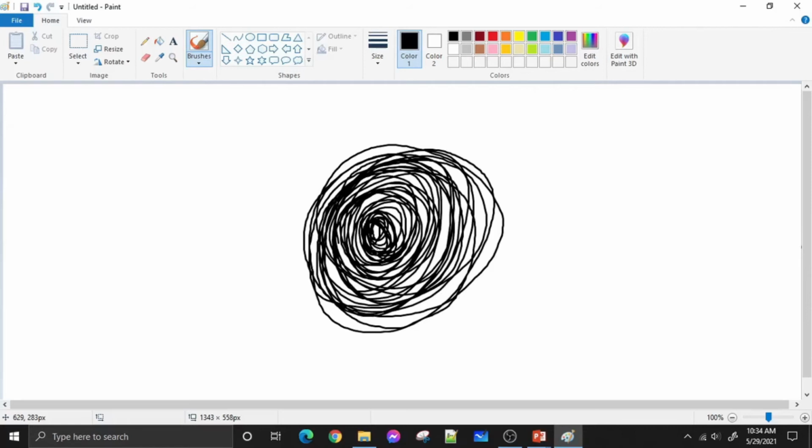That's how you can imagine a black hole. And in the center of it there is a hole where matter might pass through.